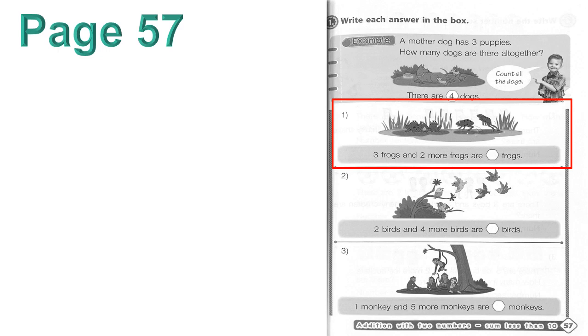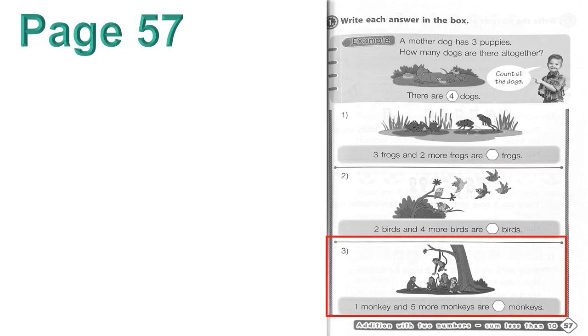Number 1. 3 frogs and 2 more frogs are blank frogs. How many frogs are there? Number 2. 2 birds and 4 more birds are blank birds. How many birds are there? Please count. Number 3. 1 monkey and 5 more monkeys are blank monkeys. Please write your answer.